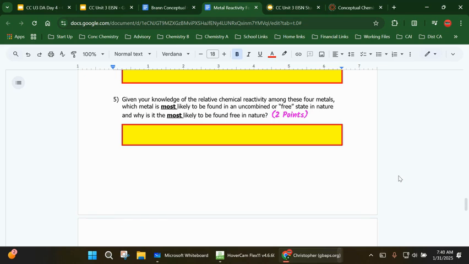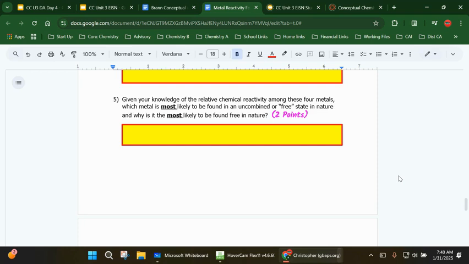Question number 5 and question number 6 are exact opposites of each other. So based on what we just talked about, based on what you found in the lab, which of the 4 elements is most likely to be found uncombined in nature, alone? So, magnesium, zinc, copper, silver.